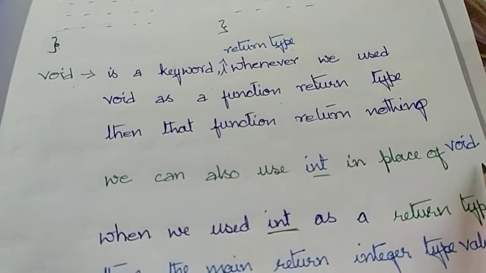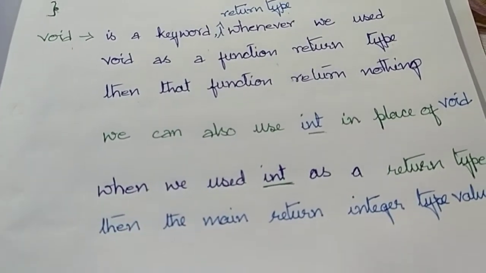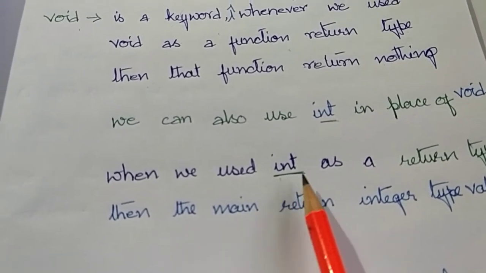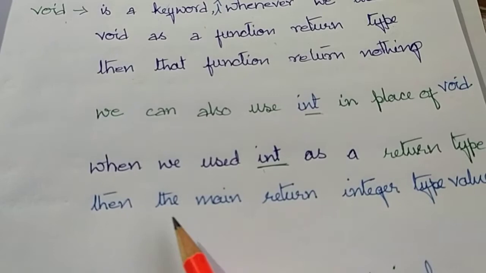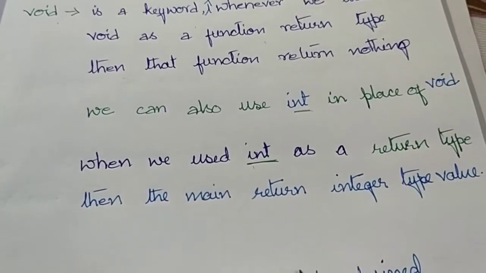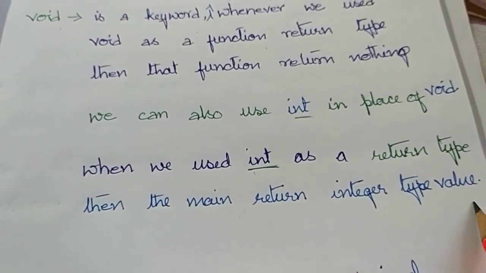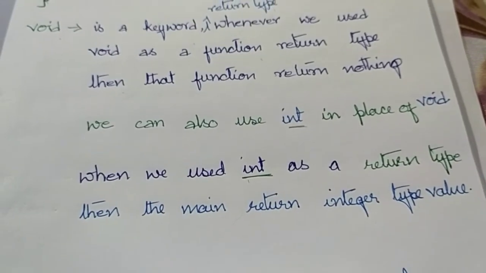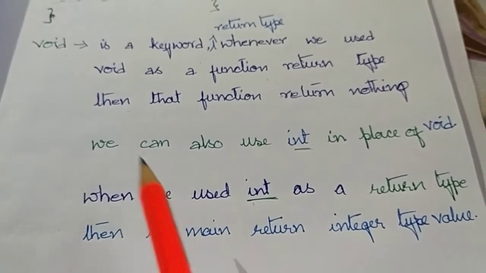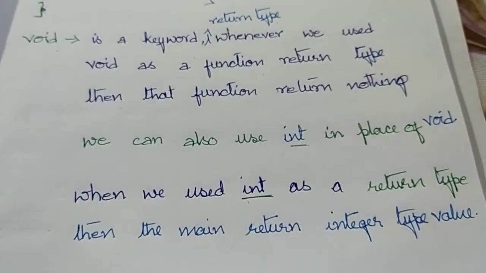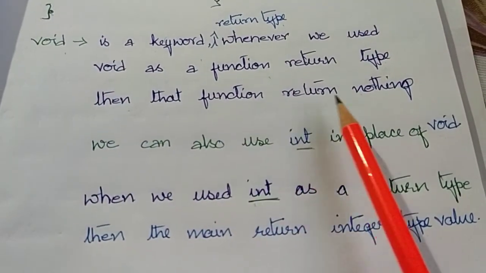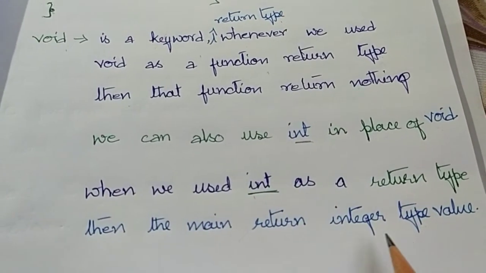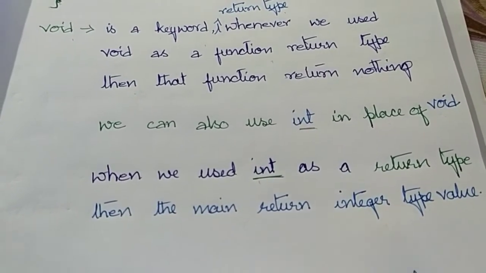When you use int as a return type, your main will return an integer type value to the calling program, or the operating system. So whenever you use void, your main will return nothing, but whenever you use int, your main will return an integer type value.